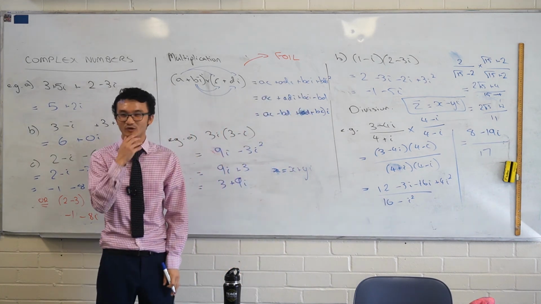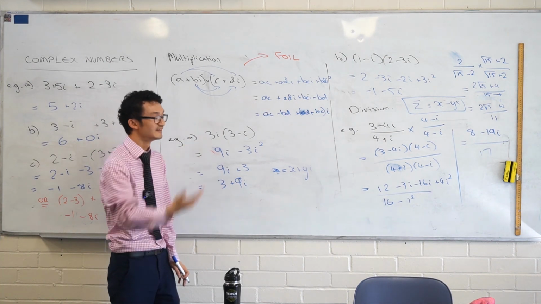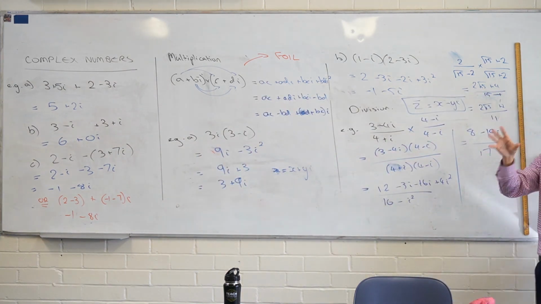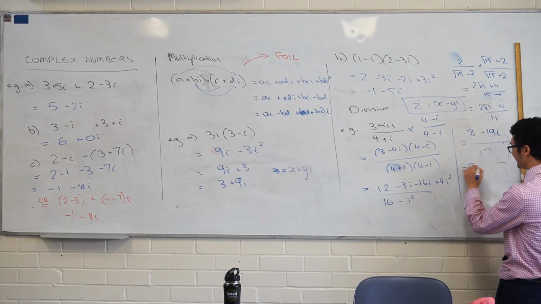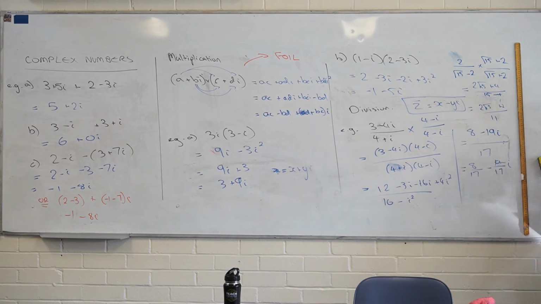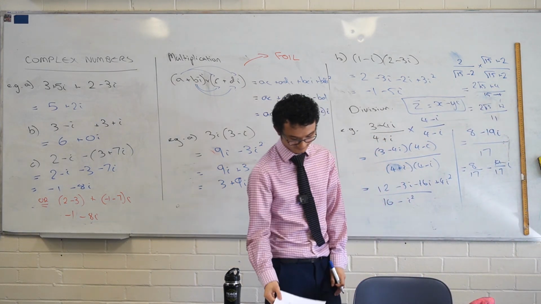Is it clear what x and y are right now? Well, yeah, would it be 8 over 17 minus 19 over 17? Exactly right. You can split these guys up so that it's clear that you have those two clear values, right? 8 over 17 minus 19 over 17i. Is that literally it? Yep. So those are our values. Get that down for me.